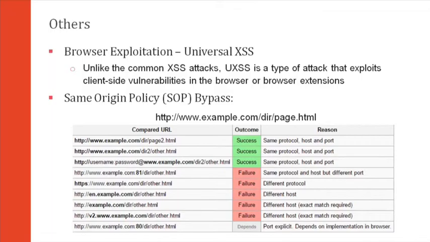The third one is the same, but the fourth one is a failure. The reason it is a failure is that the port is 81, and the original that we are comparing is port 80, so it's not the same origin. The next one is a different host. You can see that in that one it is en.example.com, and our main URL is www.example.com.